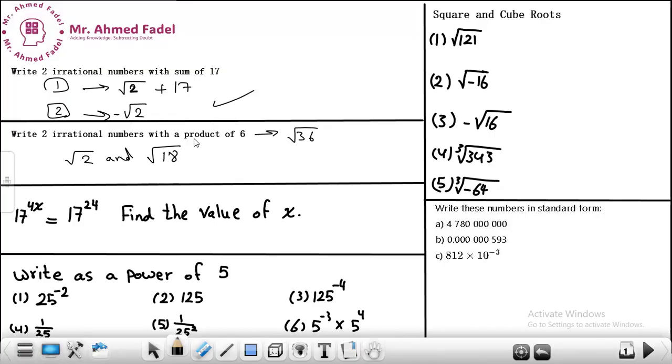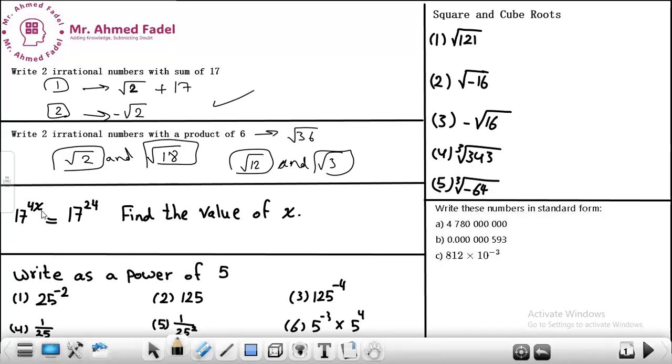Multiplying them, because they wanted the product, will give you square root of 36, and both of them are irrational numbers. Someone else might say, Mister, I'm going to write square root of 12 and square root of 3. Also correct. They will give you square root of 36, which is 6. And all the numbers that I've provided over here are irrational numbers.